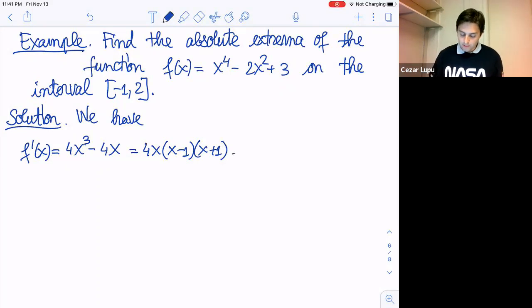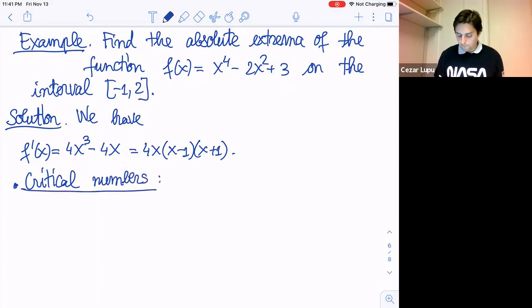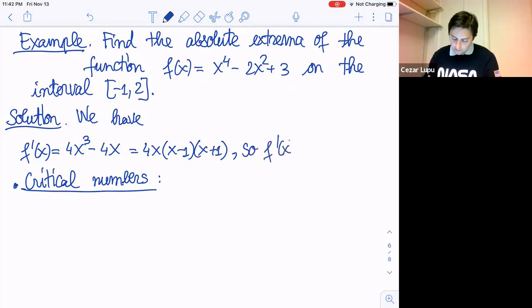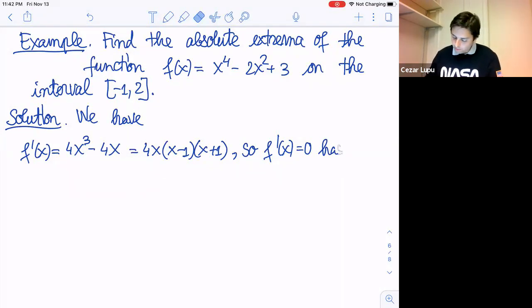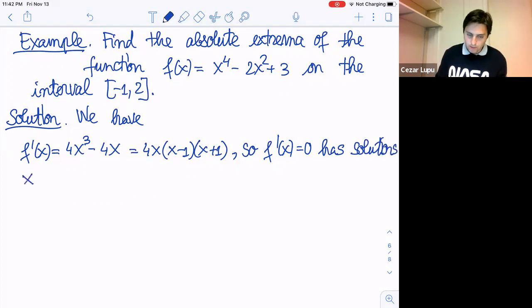And now the critical numbers are given by f prime of x equals 0, which has solutions x equals 0, x equals 1, and x equals -1.